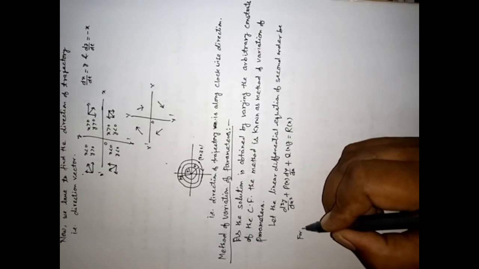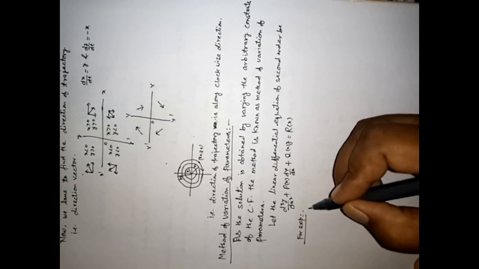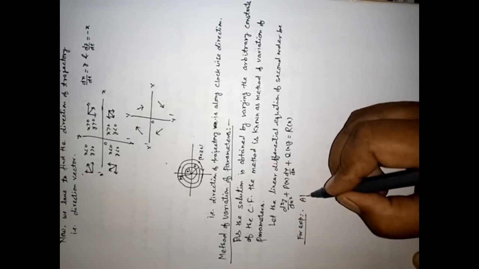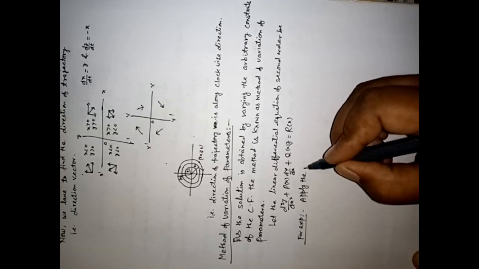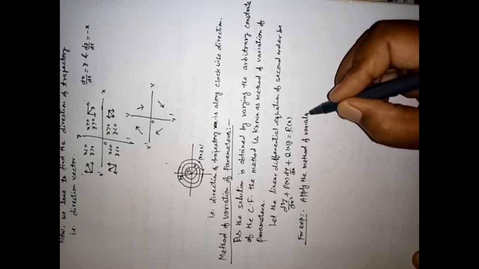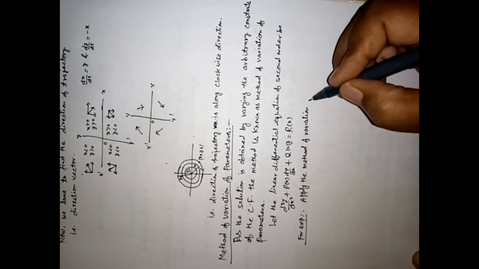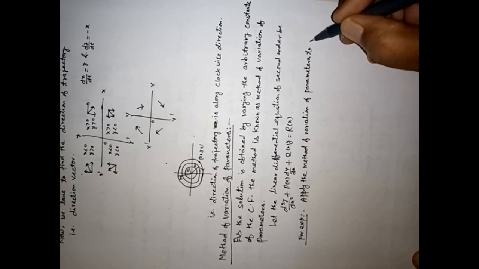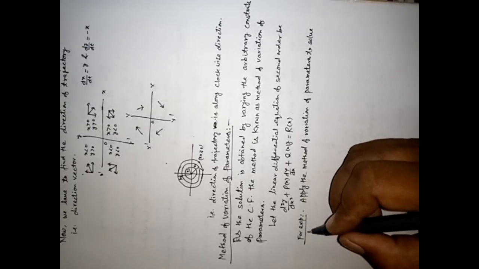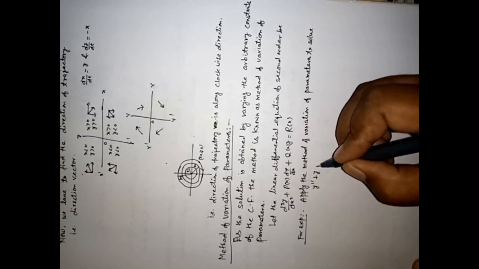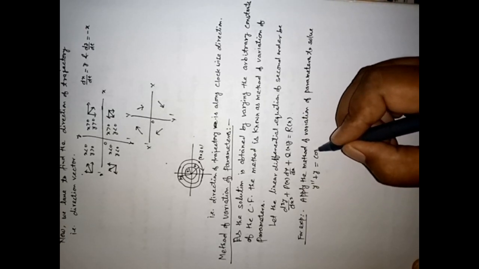For example, apply the method of variation of parameters to solve y double dash plus y is equal to cosec x.